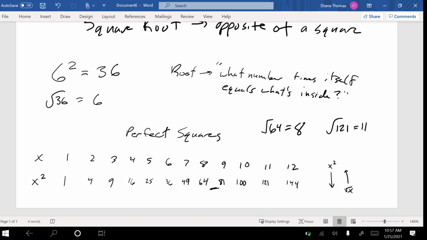My calculator's being dumb. What's that? 8.3666. So that would round to 8.4.